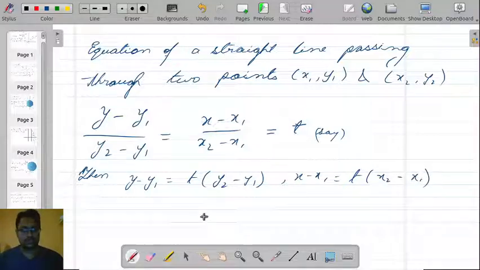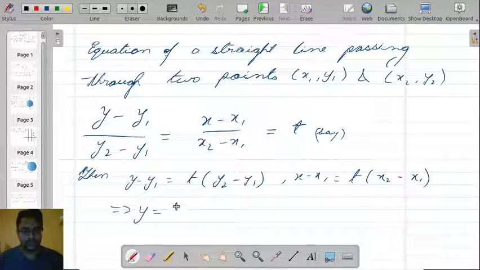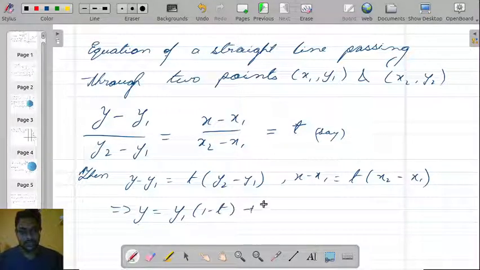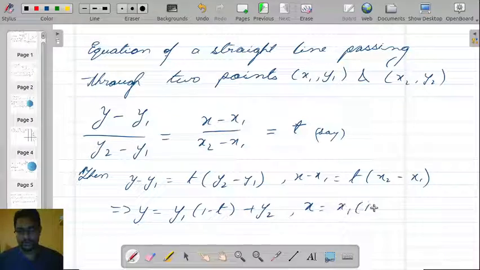Okay, so from here I write y equal to y1 into (1 minus t) plus t y2, and from here I write x equal to x1 into (1 minus t) plus t x2.